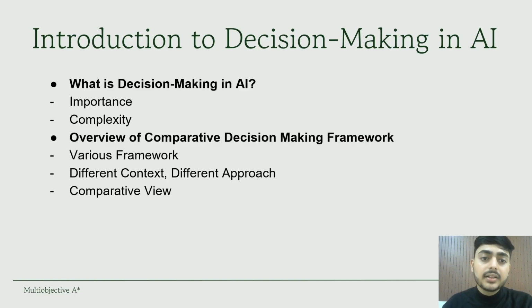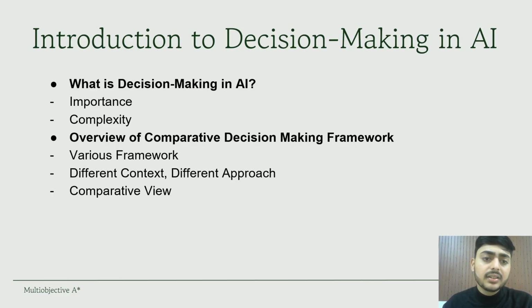If we look at the overview of comparative decision making frameworks, there are different frameworks that exist to guide AI decision making, each suited for specific scenarios. The various frameworks include rule-based systems, probabilistic models, and reinforcement learning, which is a newer area of research.